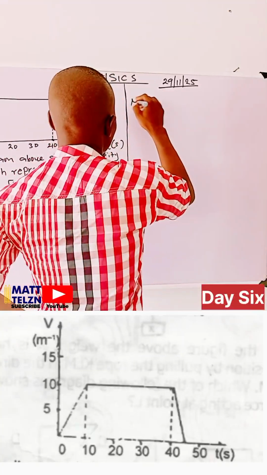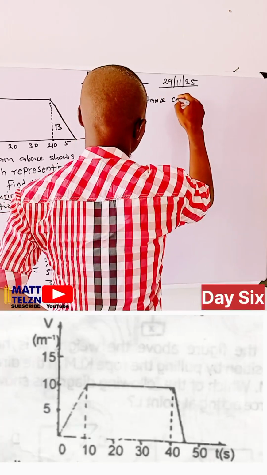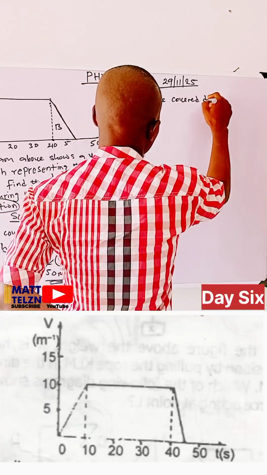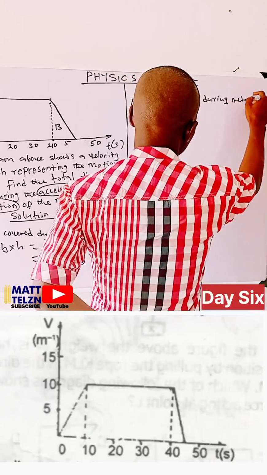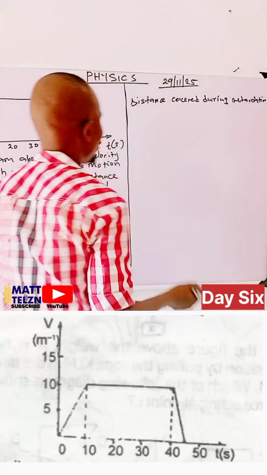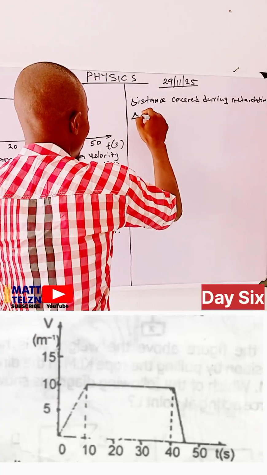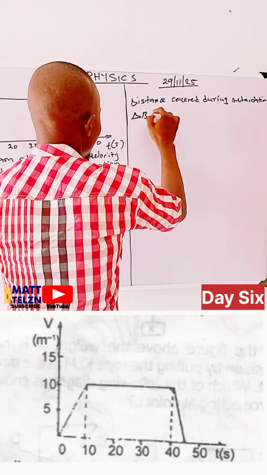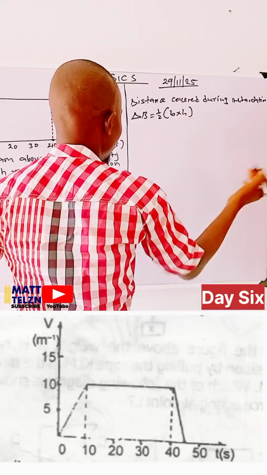So distance covered during deceleration, during my retardation, distance covered during retardation is triangle B, right? So the area of triangle B is equal to the same thing, half base times height, right?